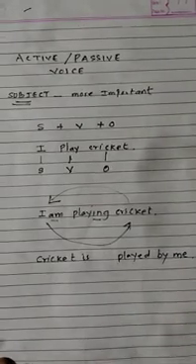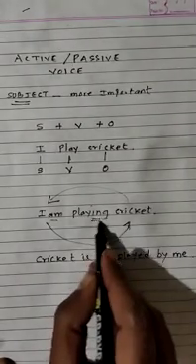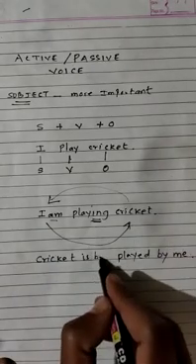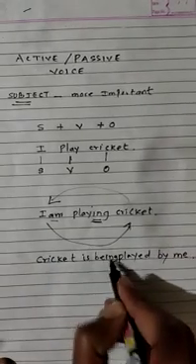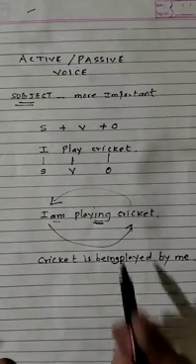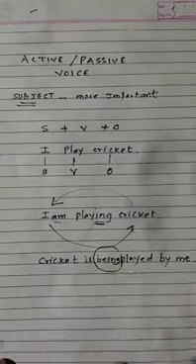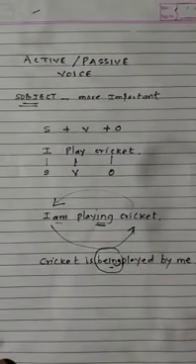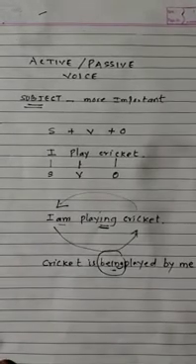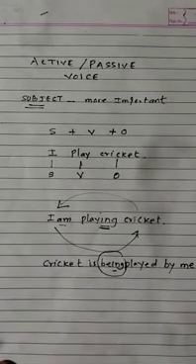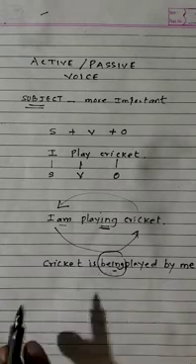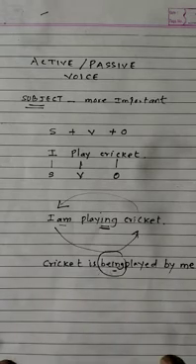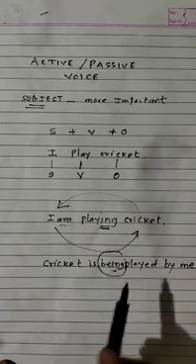So to fulfill the criteria of continuous tense, ing, we use being. Cricket is being played by me. The pronoun I changes into me. Cricket is being played by me. So the tense of the sentence is not changed here because we have used ing form of verb.